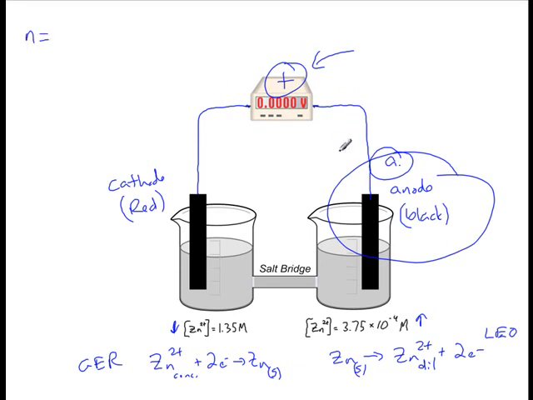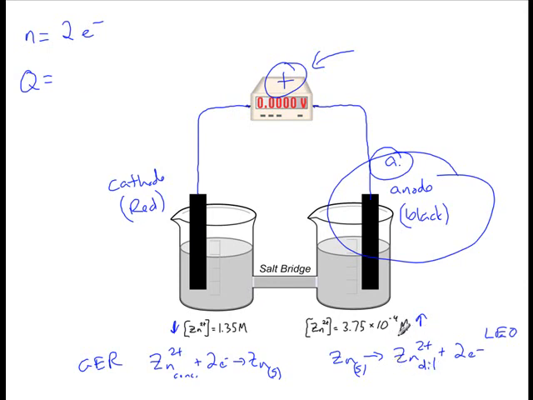Remember, it's the Nernst equation on the previous page. We'll see it again in just a second. Now, since the two half reactions are the same, the two electrons are equal to the n. It tells us the number of electrons that are passed per reaction here. And then the Q is going to be products over reactants. I'm going to add these up the same way that I did in the previous example.